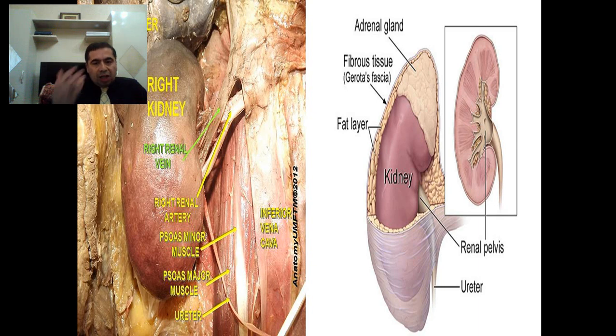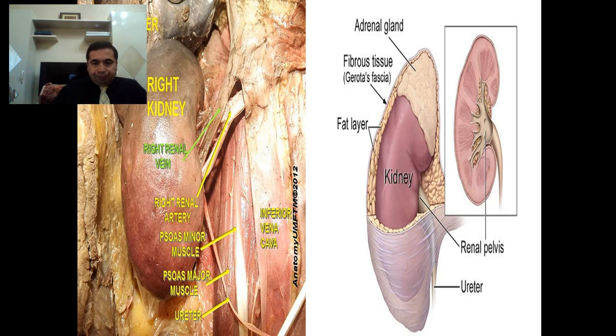And externally, both kidneys are covered by the fibrous capsule. The fibrous capsule consists of dense fibrous tissue. And on this capsule, we can find the renal fascia, fascia renalis. Fascia renalis separates the fat into two parts, perirenal and pararenal.